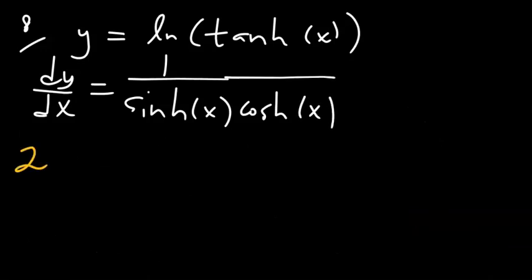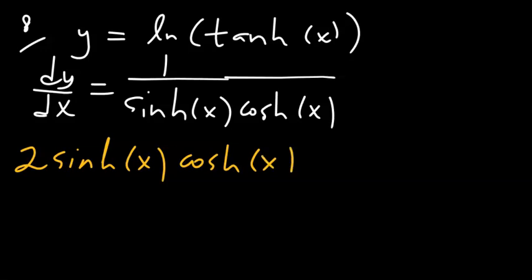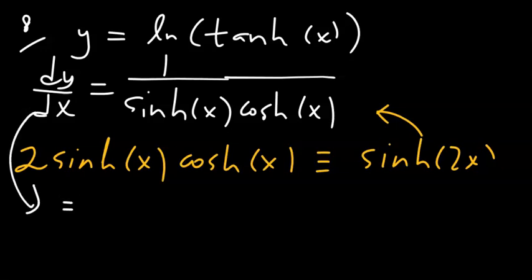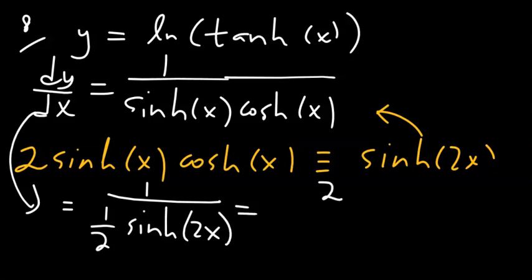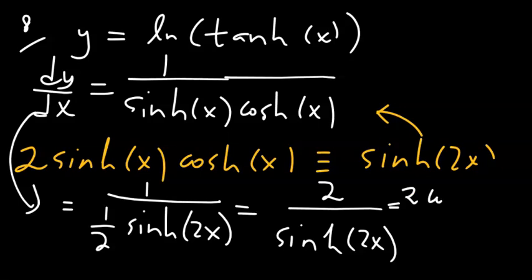Using the identity 2 times hyperbolic sine of x times hyperbolic cosine of x being equal to hyperbolic sine of 2x, you will get your dy/dx to be 1 over half hyperbolic sine of 2x, which can be reduced into 2 over hyperbolic sine of 2x, or quite simply 2 times hyperbolic cosecant of 2x. And that's the final answer.